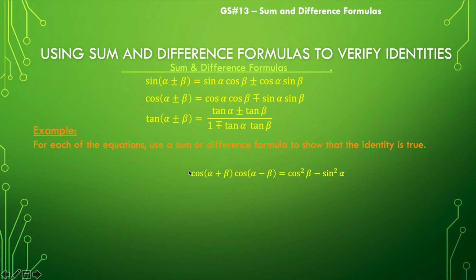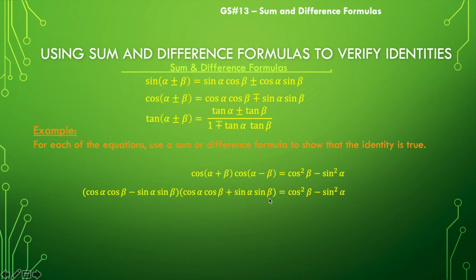So I'm going to take and expand this cosine of a sum using my sum formula, and I'm going to expand this cosine of a difference using my cosine of a difference formula. And when I do that, I get something really long and ugly because cosine of alpha plus beta is cosine alpha, cosine beta minus sine of alpha, sine of beta. And cosine of alpha minus beta is cosine alpha, cosine beta plus sine of alpha, sine of beta.